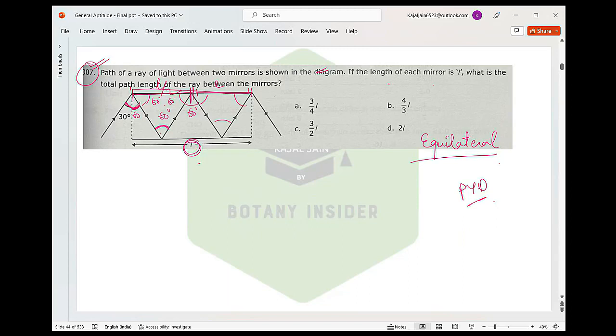Are you understanding this? If one side of the triangle is L upon 2, all the other sides will be L upon 2, right? So this is also L upon 2 and this is also L upon 2. You have to find out the path length between the mirrors.